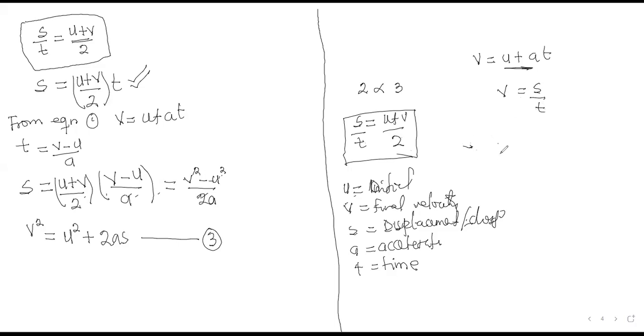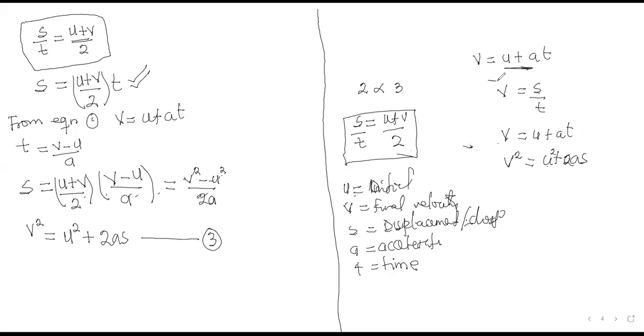Then we are also saying the same speed is calculated using the equations of motion, V is equal to U plus AT, and V squared is equal to U squared plus 2AS.